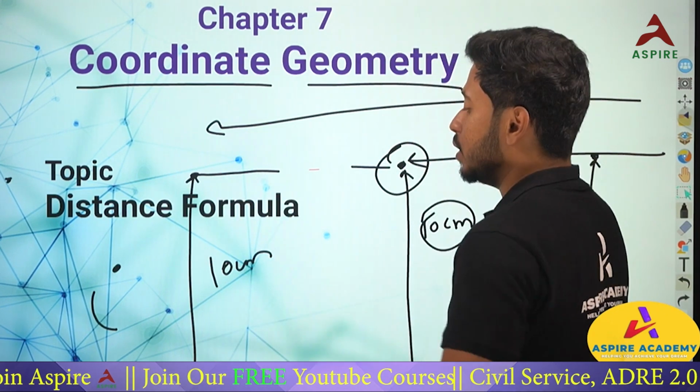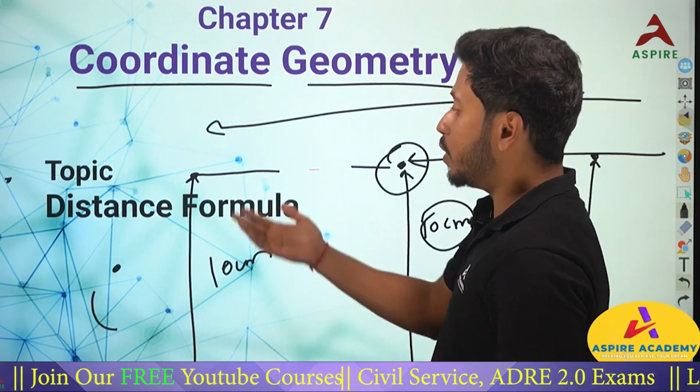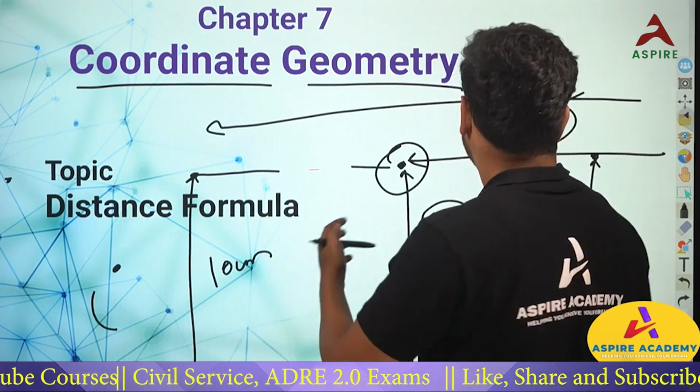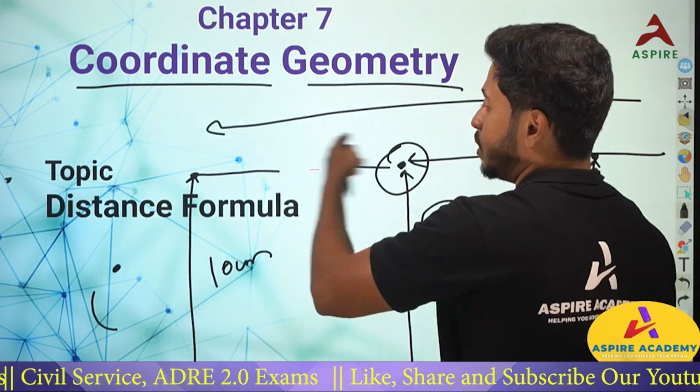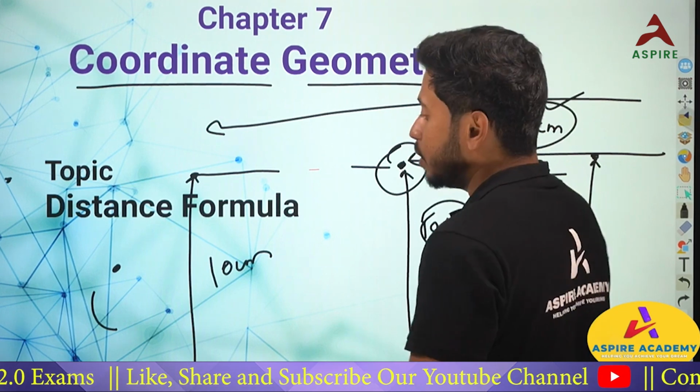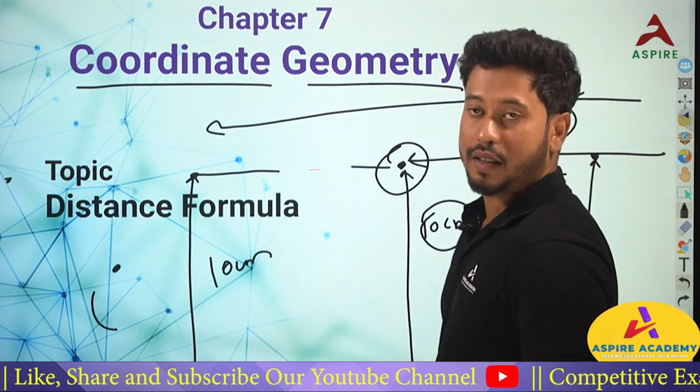One is vertical, that means from the top or bottom, and one is horizontal, that is from the right hand side or left hand side, you can say.